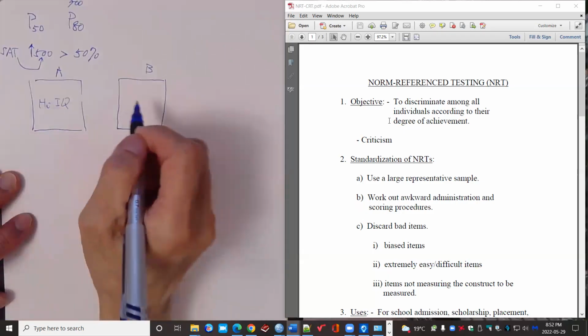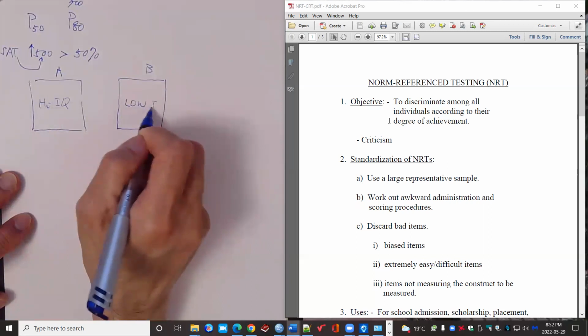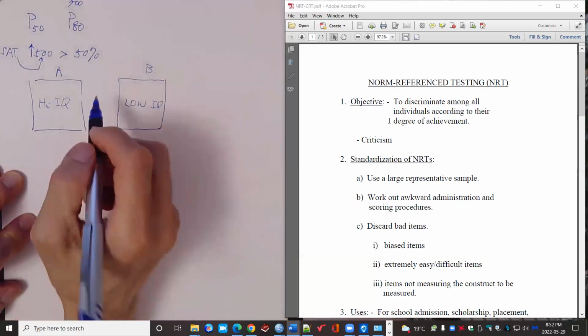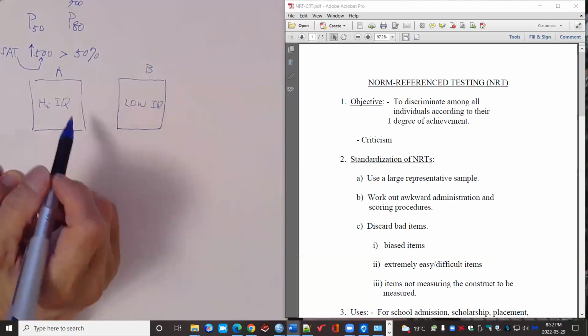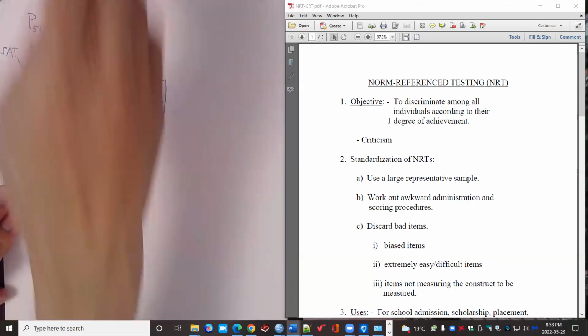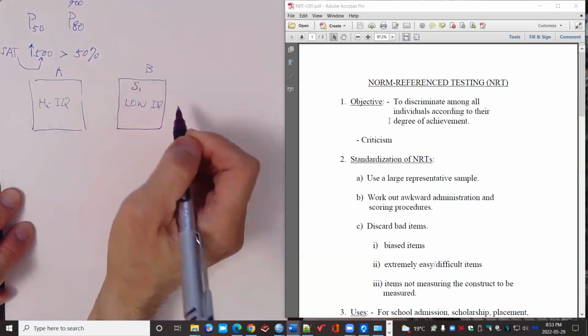High IQ students. Class B, well, let's say low IQ students. Okay, now let's say the same test administered to the two groups, and then one examinee, say subject one.